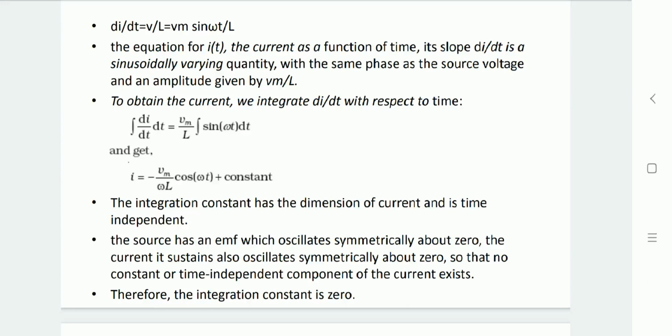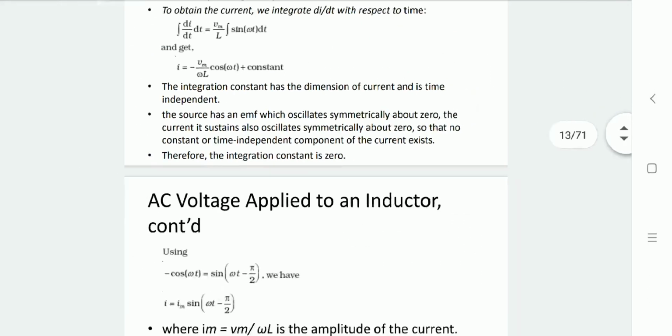So the equation becomes I equals minus Vm by omega L cos omega t, because integration of sin omega t gives minus cos omega t and integration with respect to omega t gives 1 upon omega. This is how the current equation became.